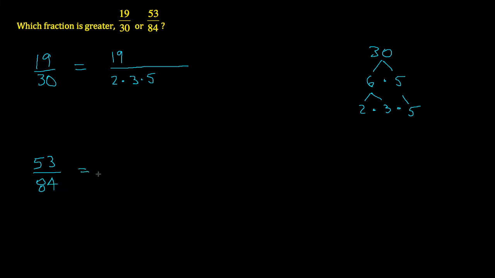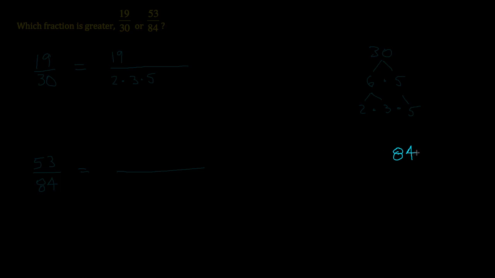Next, I move on to the 53 over 84. Once again, I will split up that denominator into its prime factors, so I'll do the prime factorization of 84. I need two numbers that multiply to give me 84. I could use 2 and 42, but I'm going to be a little more ambitious. I'm going to say 14 and 6. 14 divides to be 7 and 2 multiplied together.